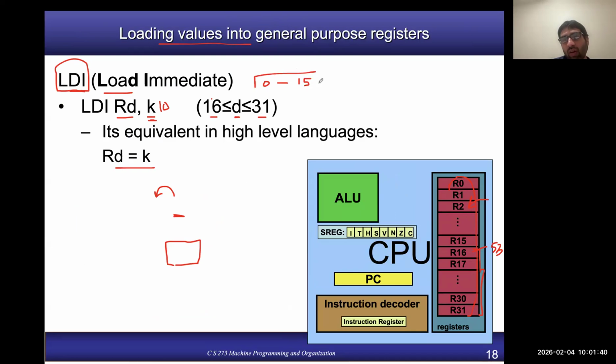With only 4 bits you can encode 16 different registers, and it was the designer's decision to use 16 to 31. Maybe there is another reason behind that which I'm not aware of. I hope I partially answered your question.